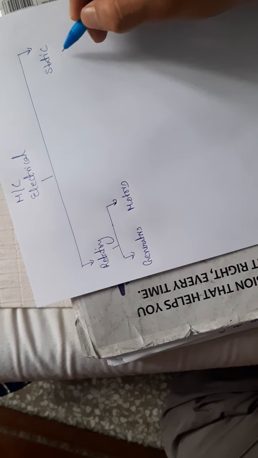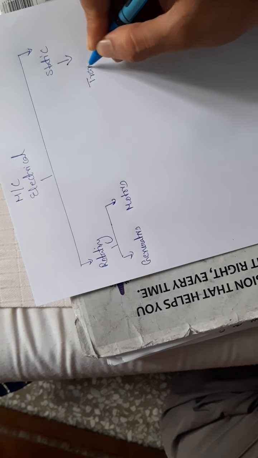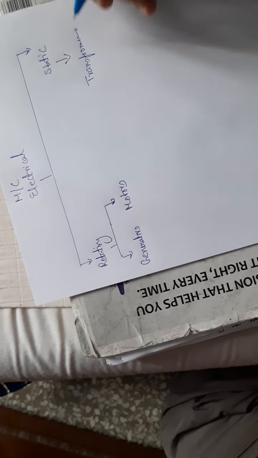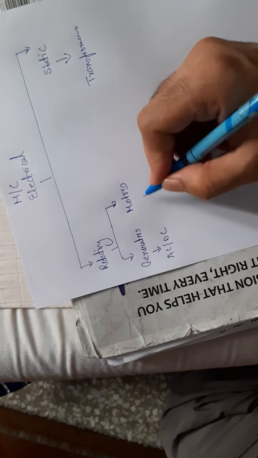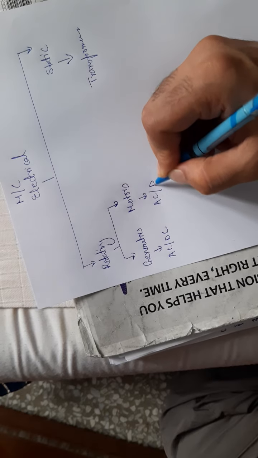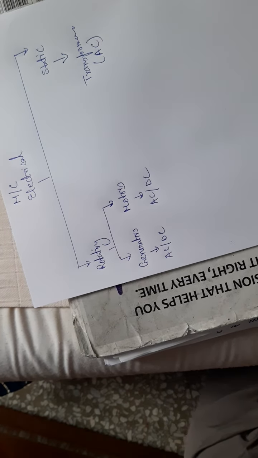And in static machines, we have only one, that is transformers. Generators can be AC generators or DC generators. Motors can be AC motors and DC motors. However, a transformer is always an AC transformer.